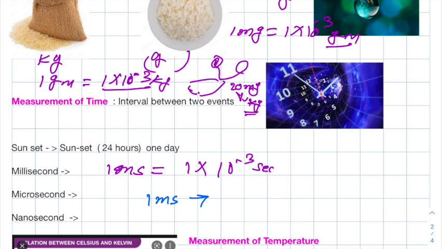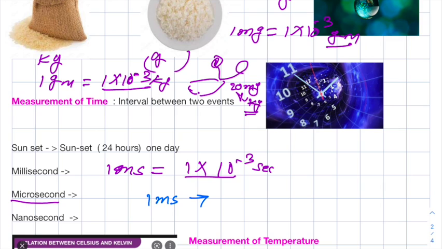If you divide 1 second into 1,000 parts, one part represents 1 millisecond. If you divide 1 second into a million, one part represents a microsecond.